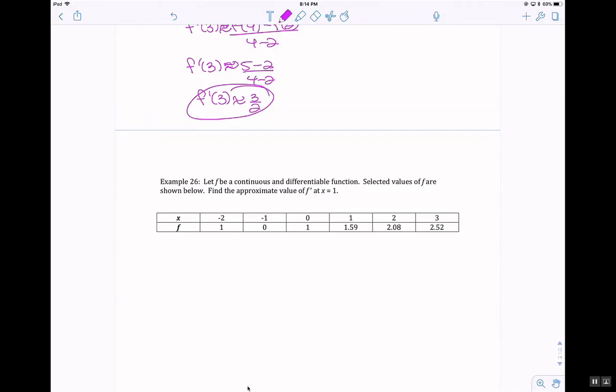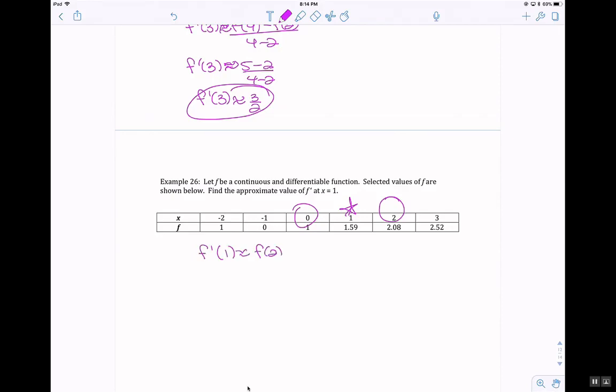26. Let f be a continuous and differentiable function. Selected values of f are shown below. Find the approximate value of f prime at x equals 1. So I look where x equals 1, and I want to sandwich between 0 and 2.